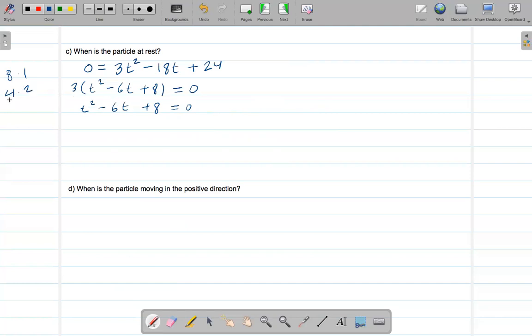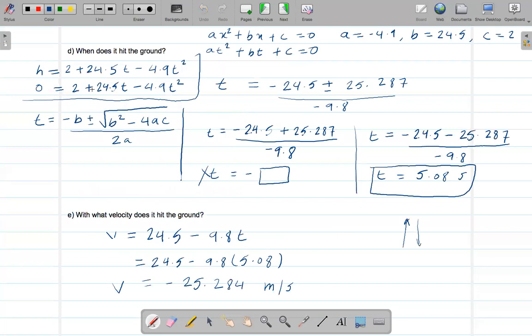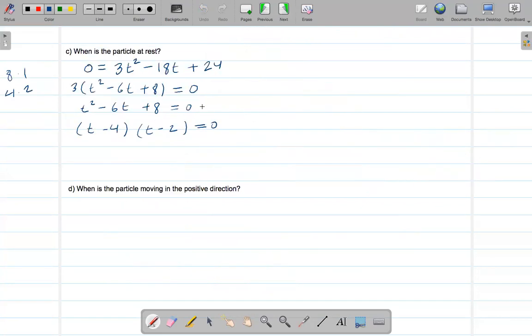Because -4 and -2 give -6, I get t minus 4 and t minus 2. Or if you find this process difficult, you can still use the quadratic formula just like I did here. You should get the same answer.